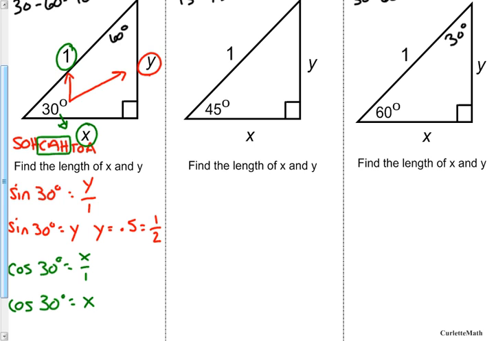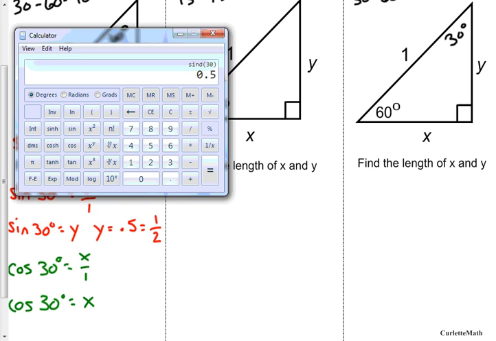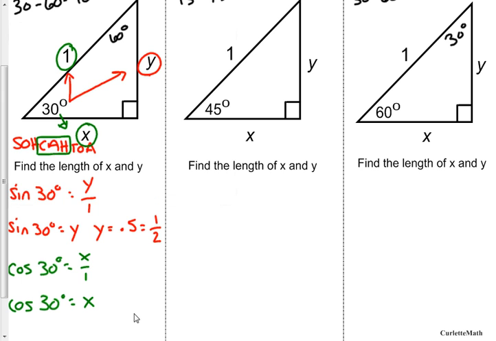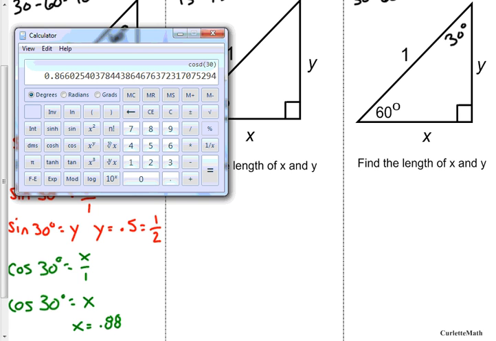Going back to our calculator, clear, 30, cosine gives us 0.8660. So here we would have x equals 0.8660.